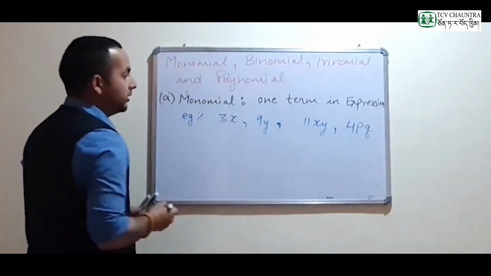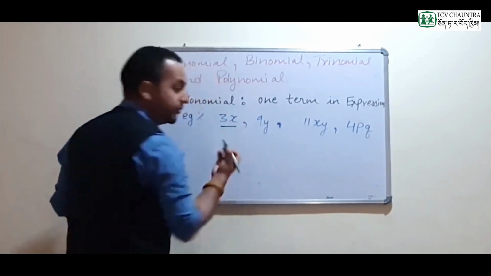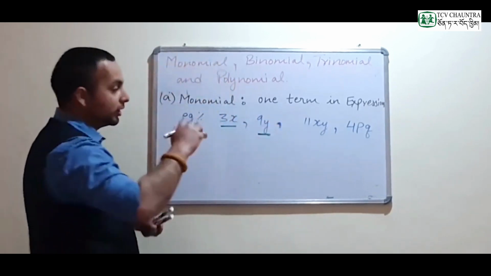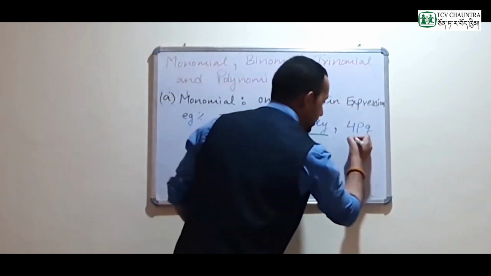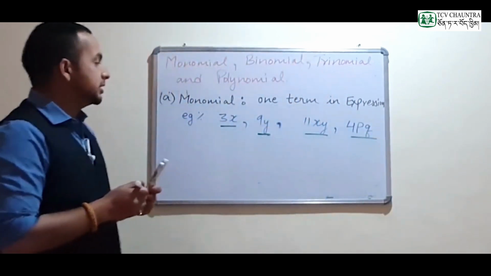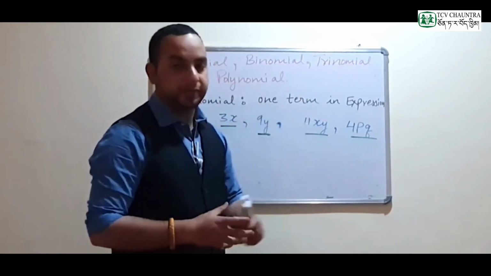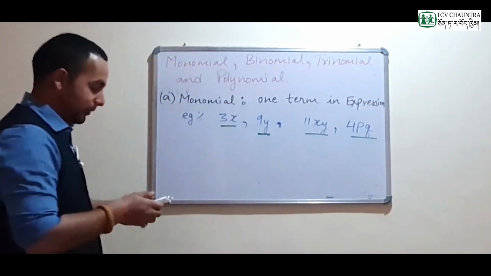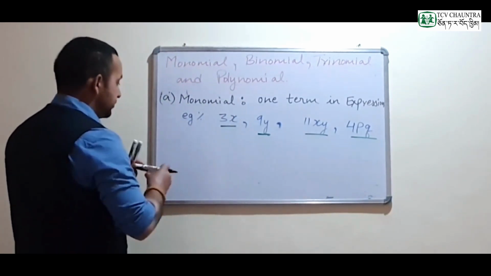Now these are each one term. 3x is one term, 9y is one term, 11xy is one term, 4pq is one term. So monomial means one term in expression. If there is one term in an expression, then it is known as a monomial.